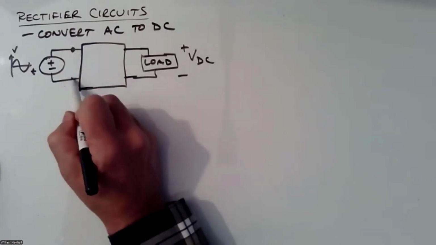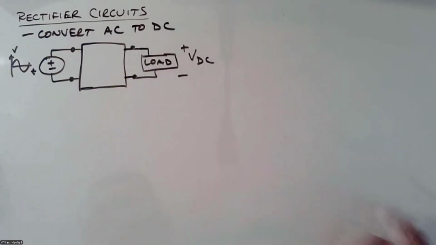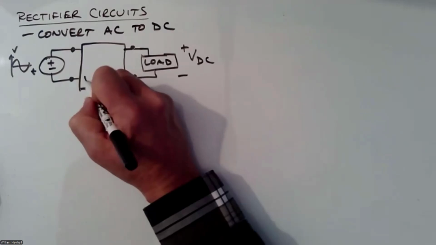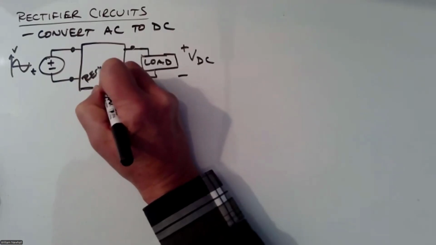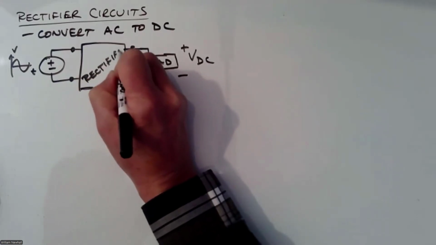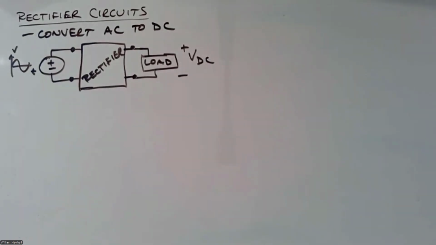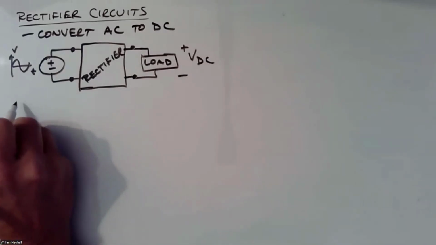And that circuit in between is called the rectifier. There are a couple kinds that we're going to talk about. One is called the half-wave rectifier, and the other is called the full-wave rectifier. So let's talk about the half-wave rectifier.